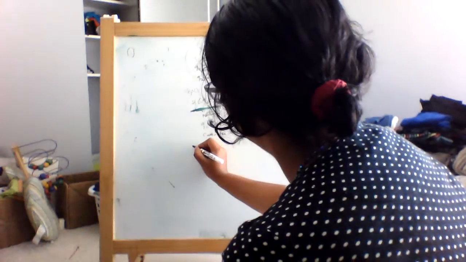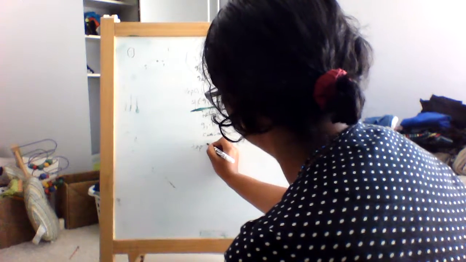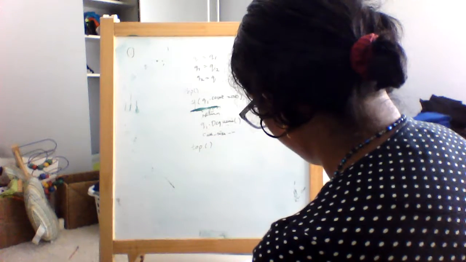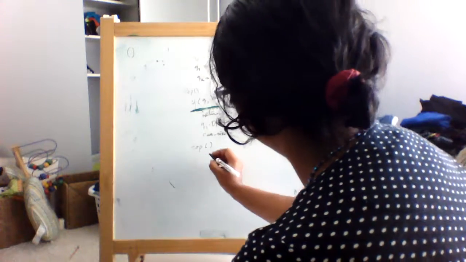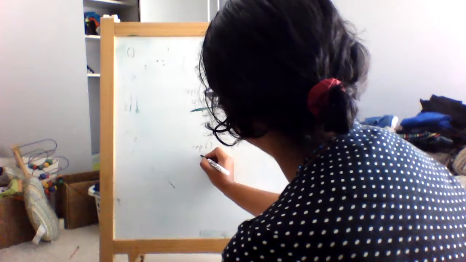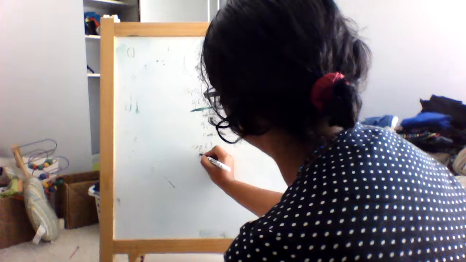Then we do the top operation. In the top operation, here also the Q1.count is checked.